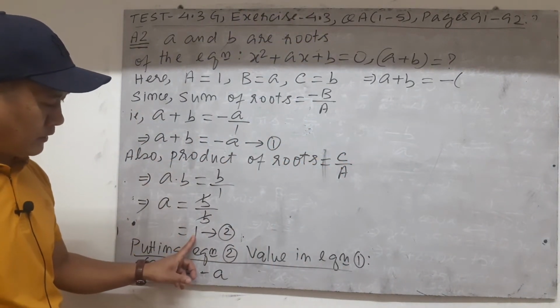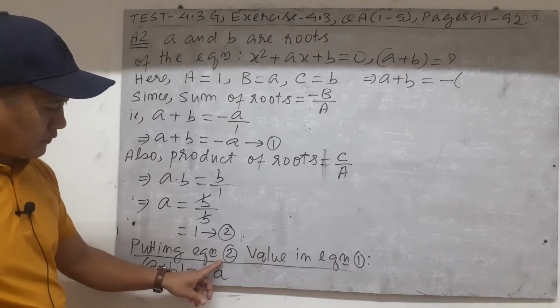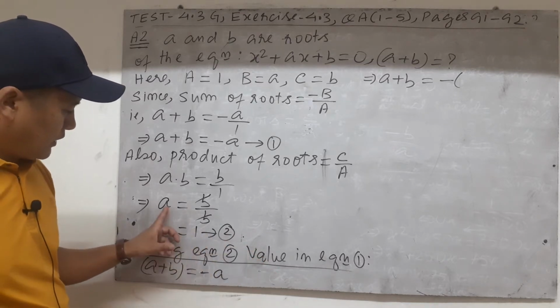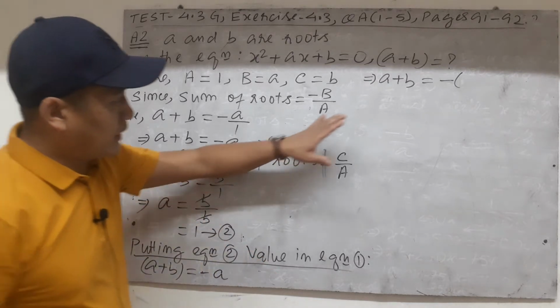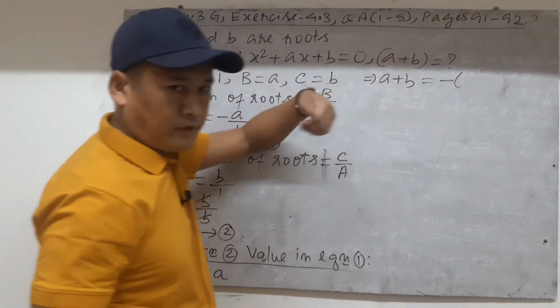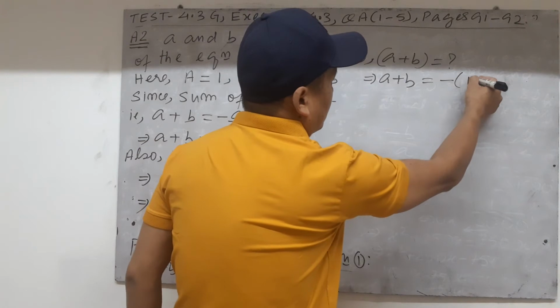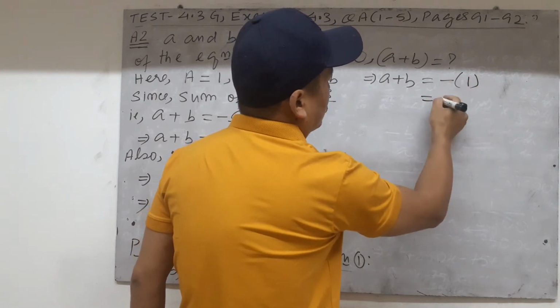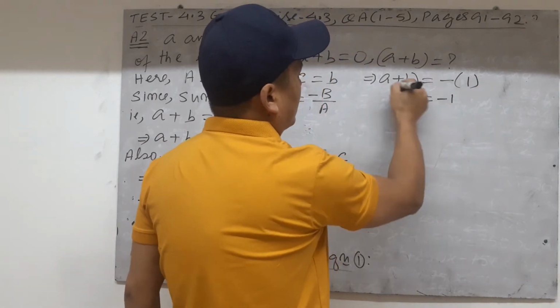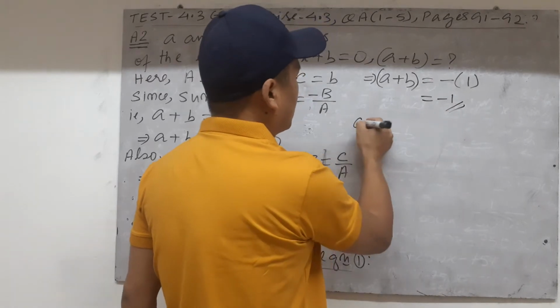That's the meaning of putting equation 2 value in 1, replacing a by 1. So minus into plus is minus 1. So a plus b value is minus 1.